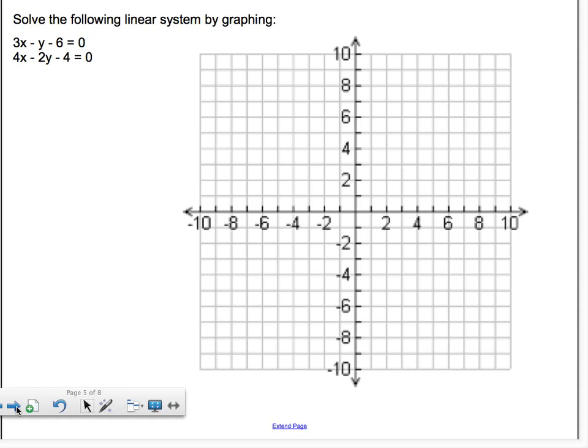At least it's double sided. I try to double side all my stuff. You need some? Take one more, sure, take a couple more.